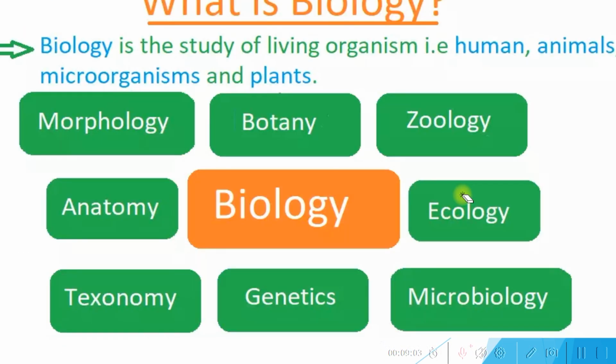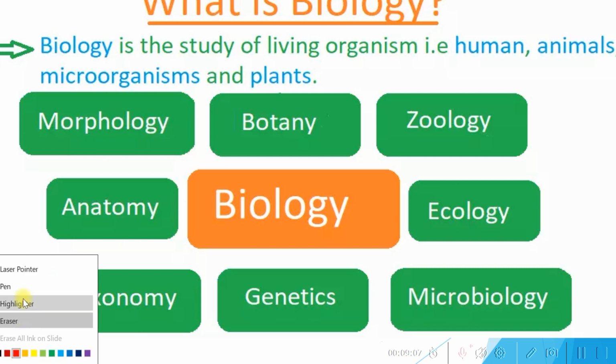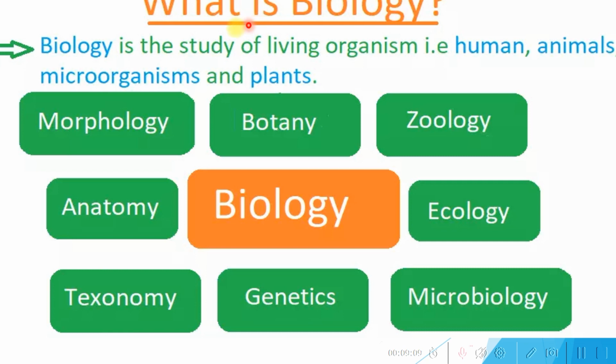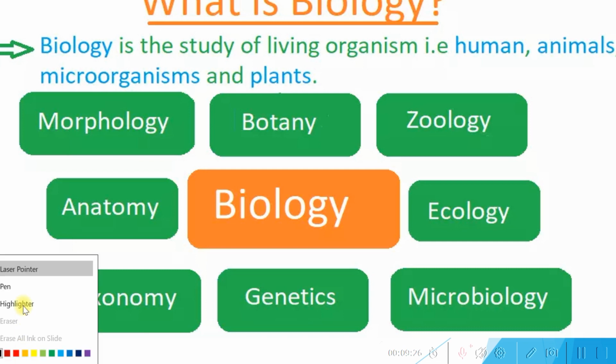So let us see some additional points regarding the definition of biology. What's biology? Biology is the study of living organisms, i.e., it might be a human, it might be an animal, it might be microorganisms, it might be a plant. So simply, biology is the study of living organisms.